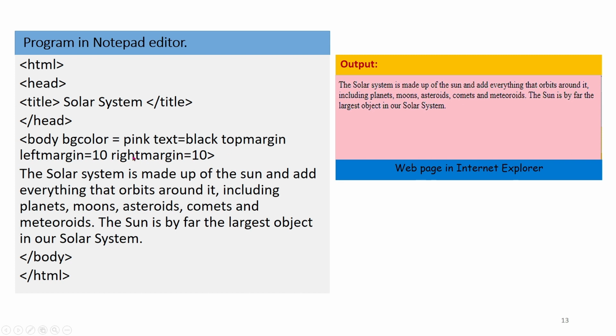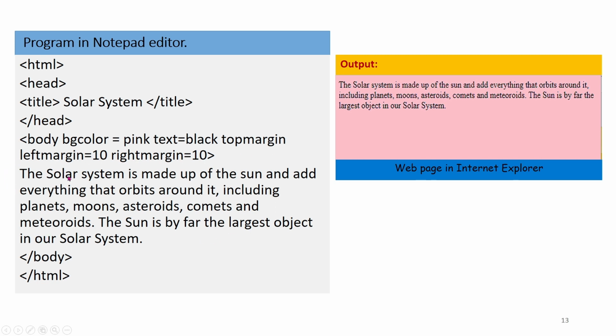Top margin, left margin, right margin, all are given 10. So at the top, right, left and bottom of the page you will find 10 pixels, or you can say 10 points, 10 units left between the edge as well as the text as the margins.